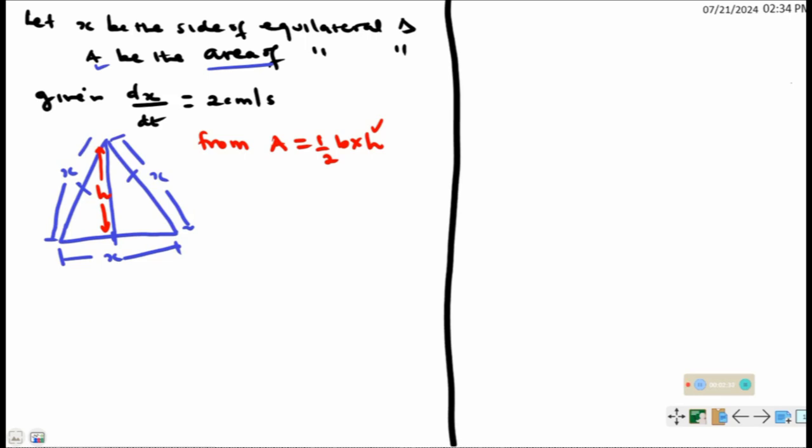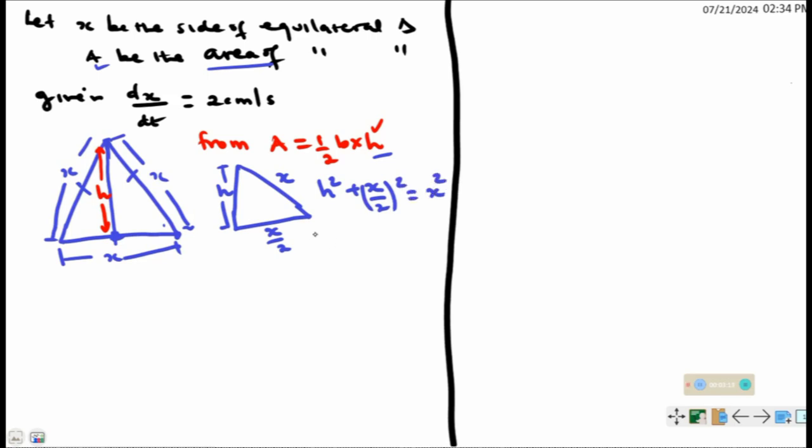So let us get the area of the triangle, but first of all we need to find the height of this triangle. So if we need to find the height, we shall first of all extract out this triangle here, from here to this given point up to this given point. So this is h, and from here to here is x, then this one will give us x divided by 2, and this is x, which implies that from Pythagoras theorem h squared plus (x divided by 2) squared should give us x squared.